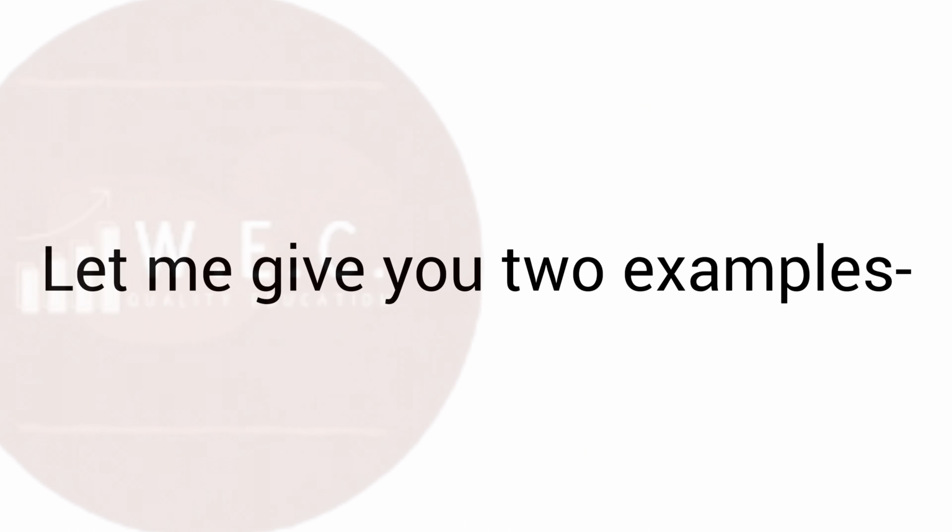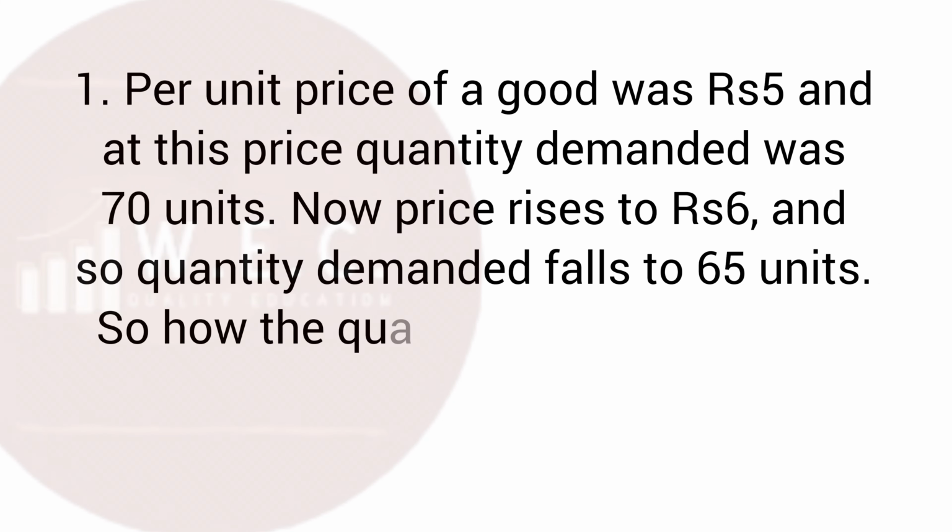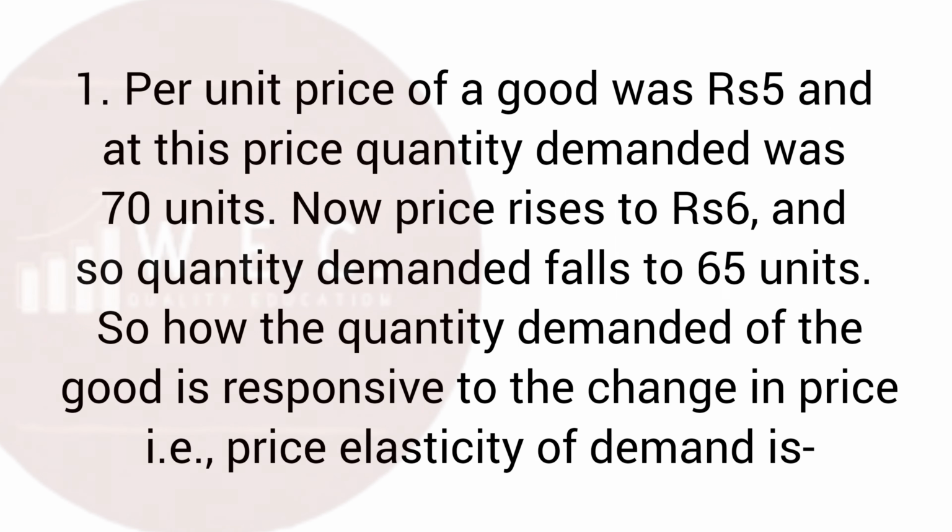Now let me give you two examples. Per unit price was 5 rupees and at this price quantity demanded was 70 units. But the price rises to 6 rupees and quantity demanded falls to 65 units.